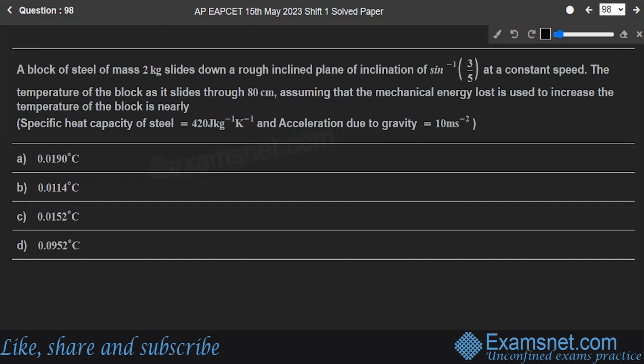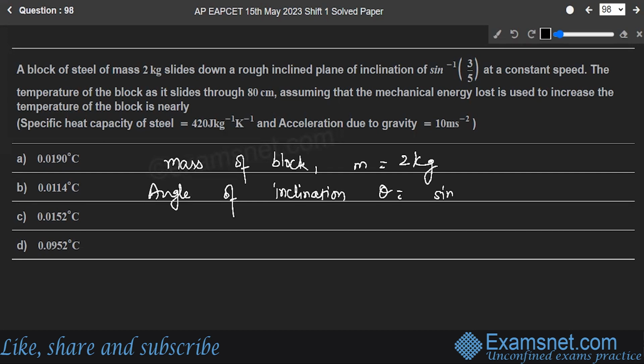Now, mass of the block is 2. Mass of block, let's say M is equal to 2 kg, and the angle of inclination is sine inverse 3 by 5. Now, specific heat capacity is also given.